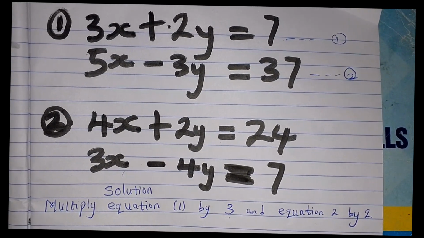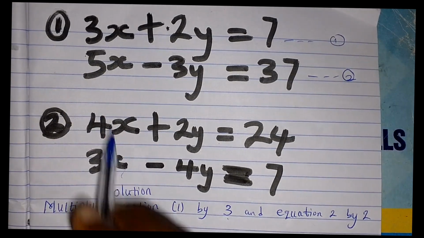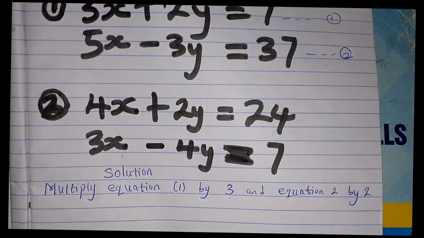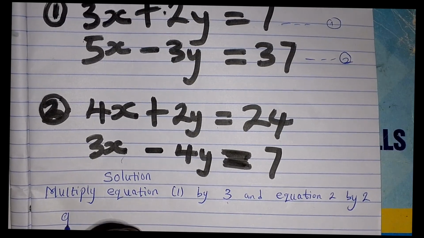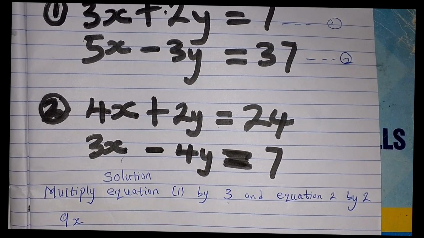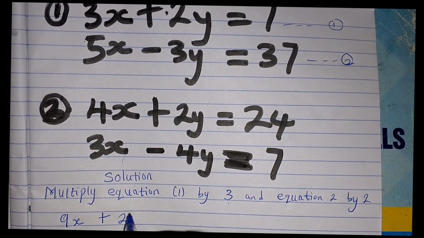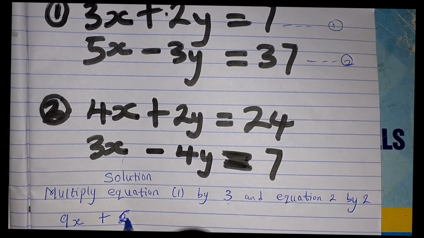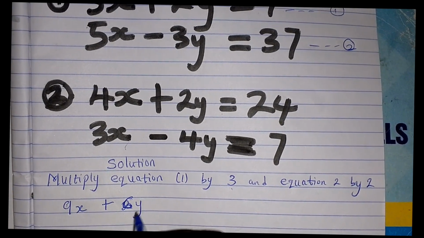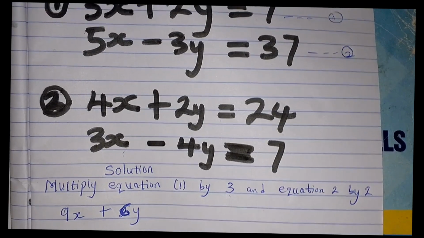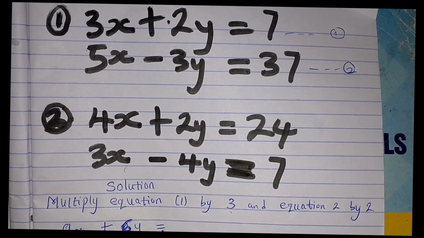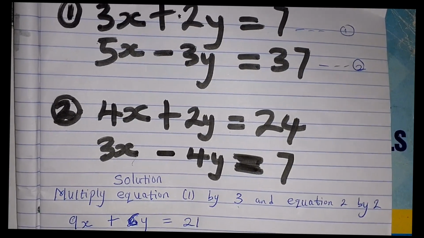Okay, so 3 times 3x is 9x, plus 3 times 2y is 6y, then we have 3 times 7 is 21.